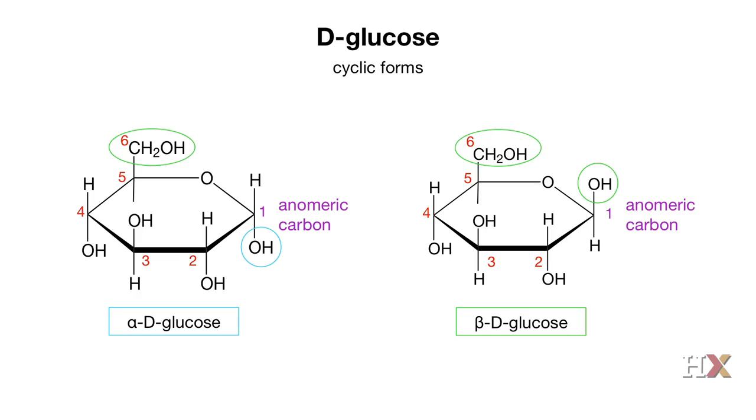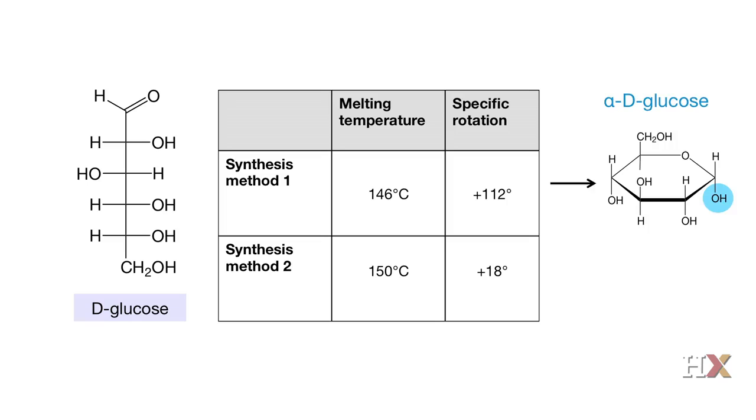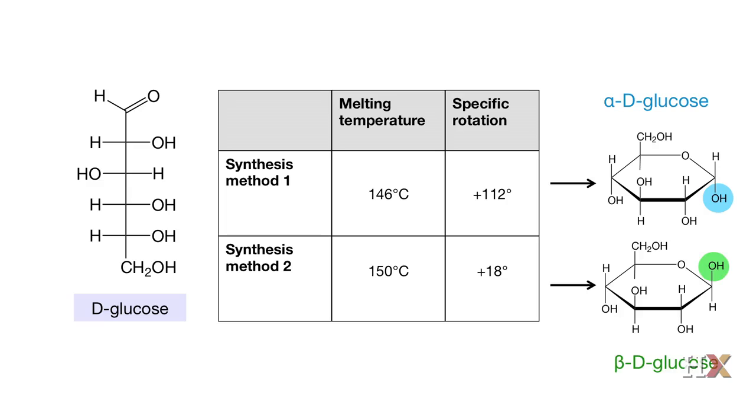Now we can go back to this difference in physical properties and can understand them now, because one method of synthesis leads to the alpha form of D-glucose, and the other method leads to the beta form of D-glucose. And these two isomers have slightly different physical properties. Can ketose form a cyclic molecule?